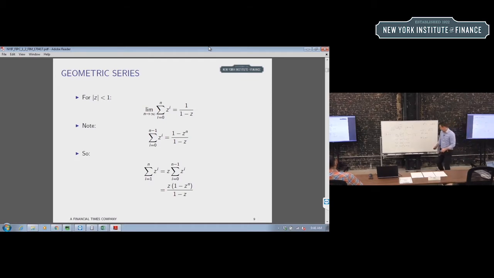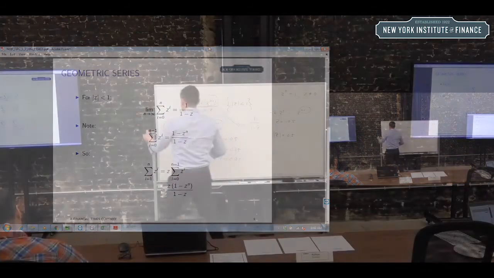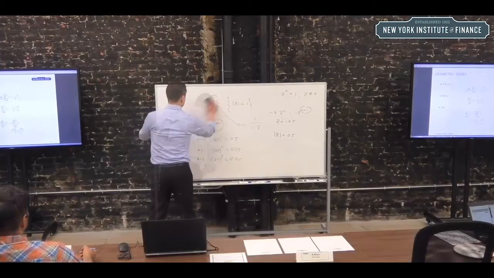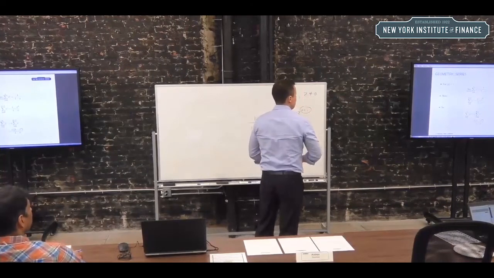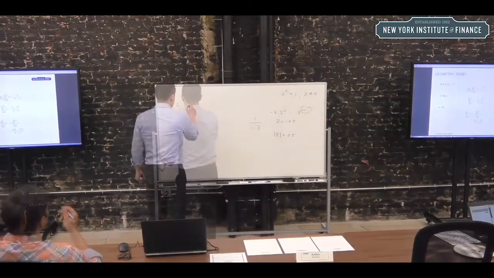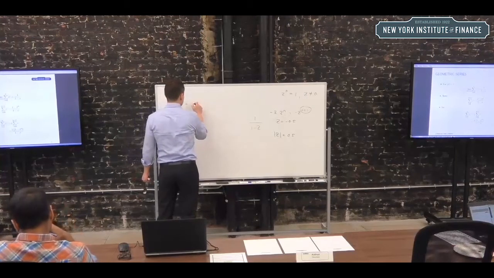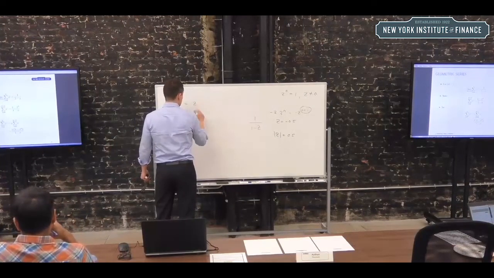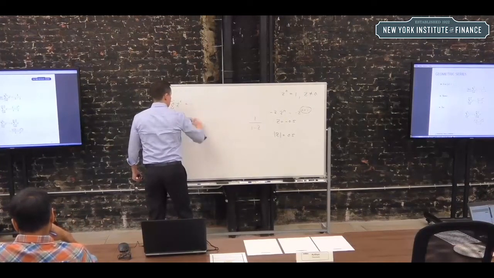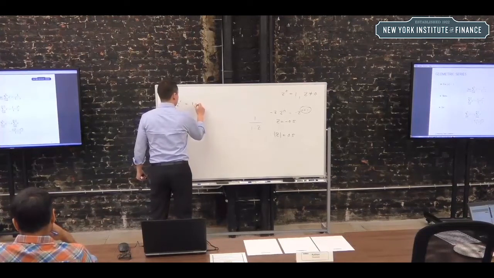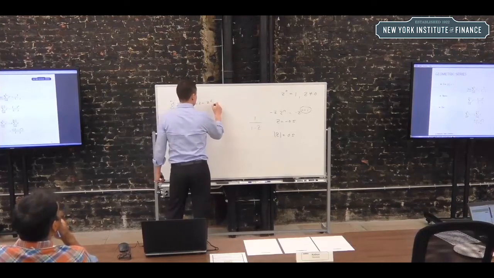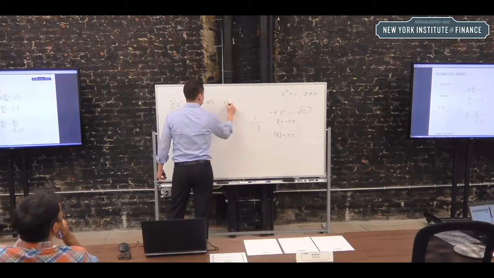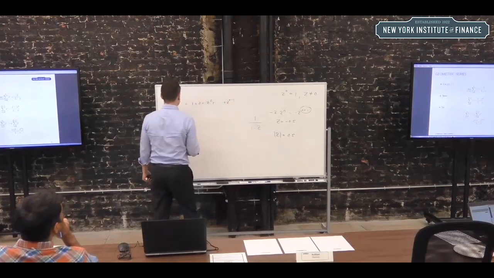So let me back off here. Let me try this. So what we're doing there, if we just unpack that, is we're saying this is 1 plus z plus z squared up to z to the n minus 1.